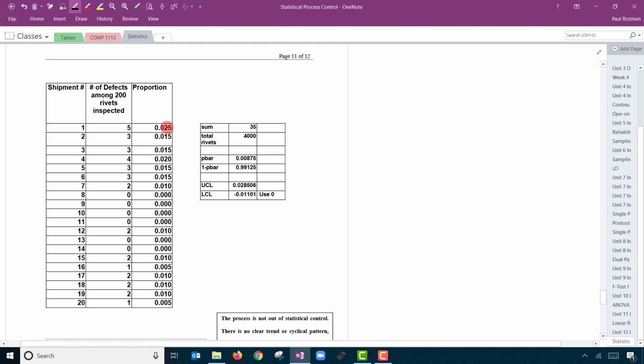Rather than calculating P bar by taking the mean of these proportions, we'll just add up all the defectives and divide by the total. We did 20 shipments of 200 each, so there were 4,000 rivets inspected. P bar here is the 35 out of the 4,000 that we looked at.